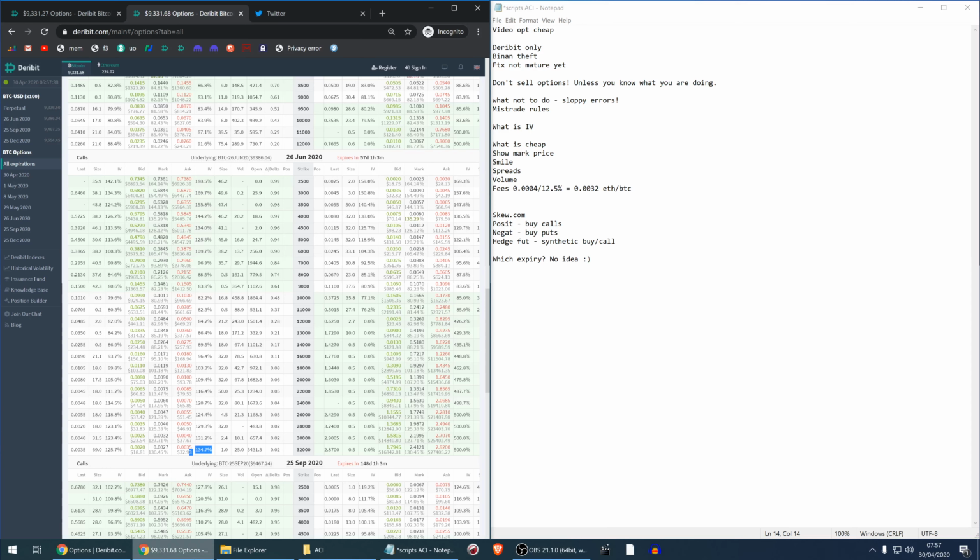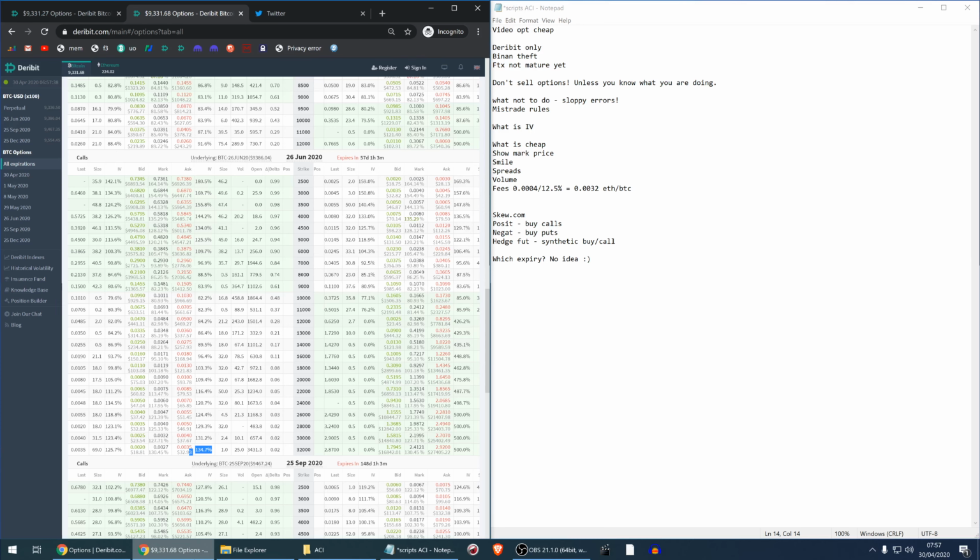So that actually brings us to the idea of a smile. So these are smiles. You can see this is the implied volatility curve on Deribit for the September future, and the volatility is 80% at around 9 to 10k, which is the current spot price, and this is the bottom of the smile.